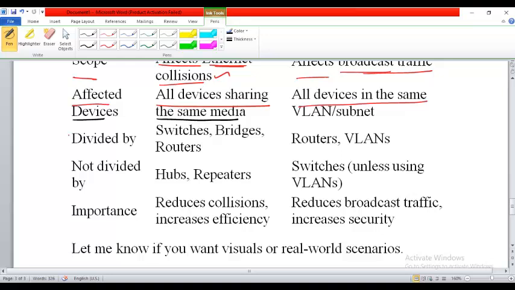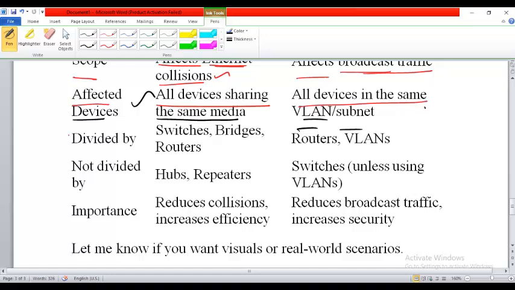Where does the collision domain play a major role? To avoid collisions. If everyone is sharing one common backbone, there will be a lot of collisions, so a collision domain is needed to control them. Here, this is saying who all can talk together. Members of the same VLAN can talk together. Members of the same subnet can talk. That is the broadcast domain.